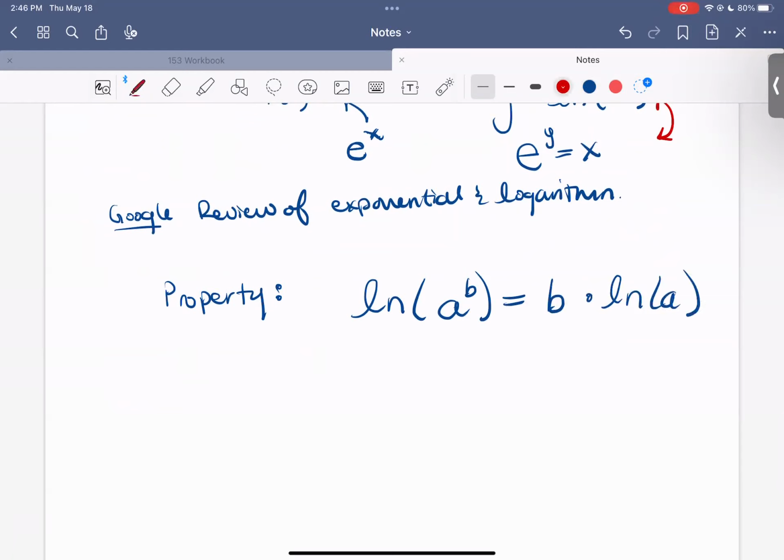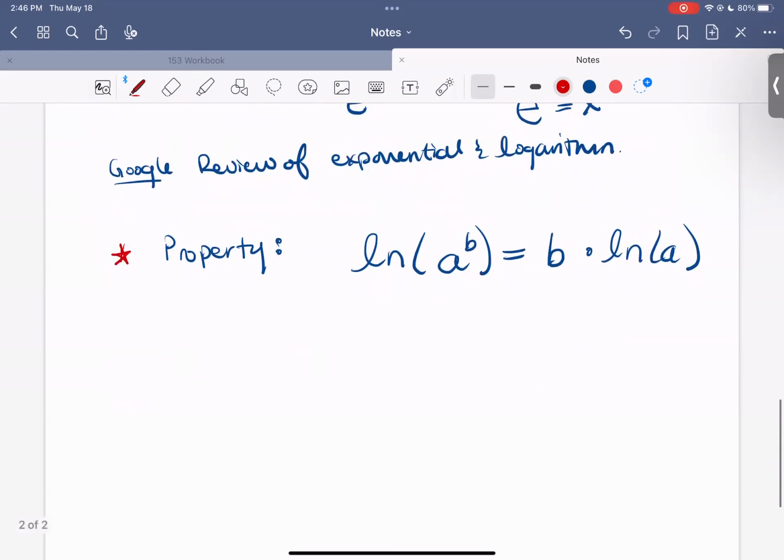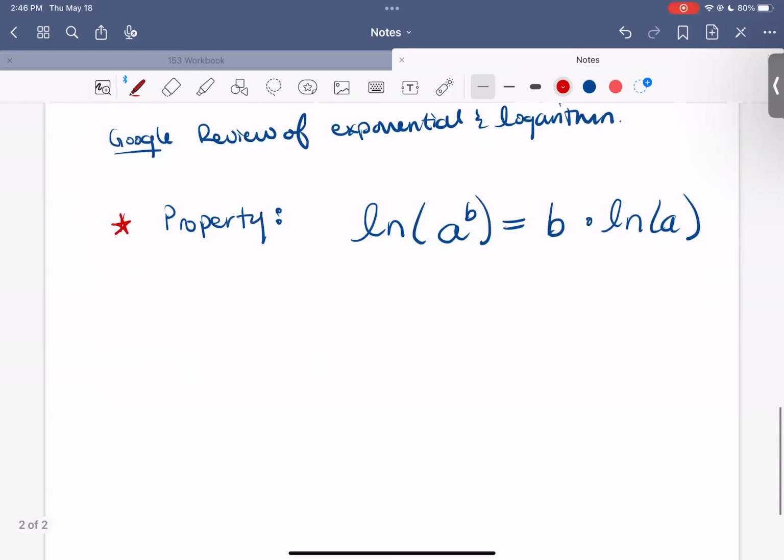So what a logarithm does is it takes anything in the exponent and it's equivalent to multiplying the log by that exponent. So this is a really, really helpful property when we're looking at a function like we see in our homework for week 7.